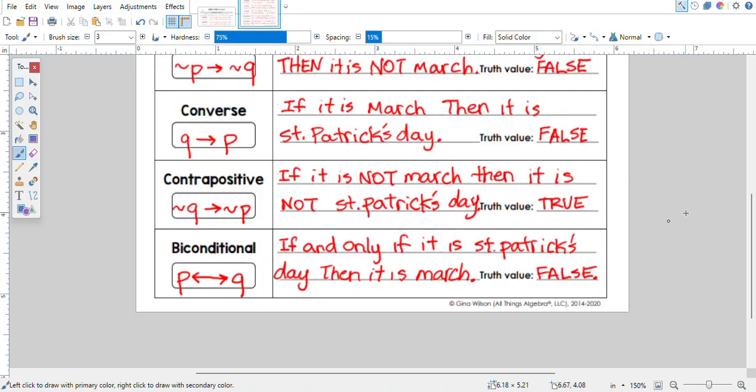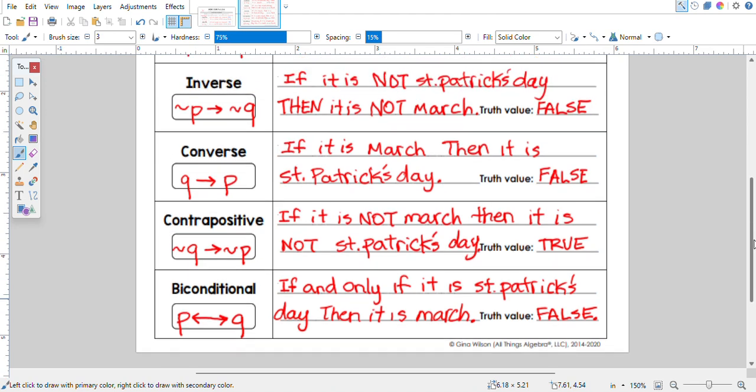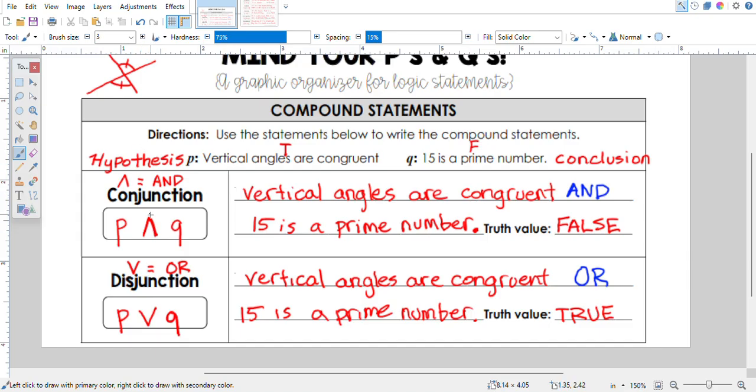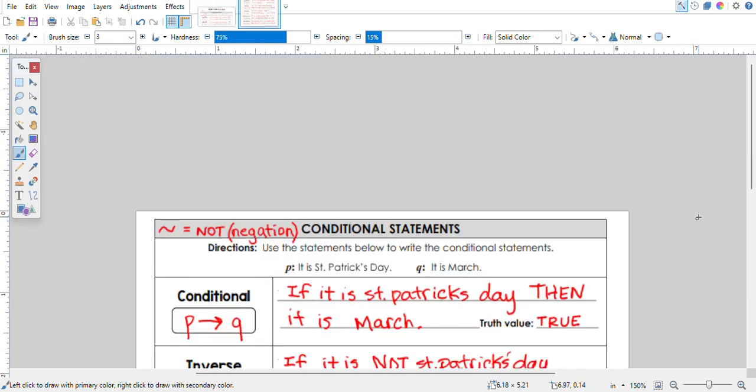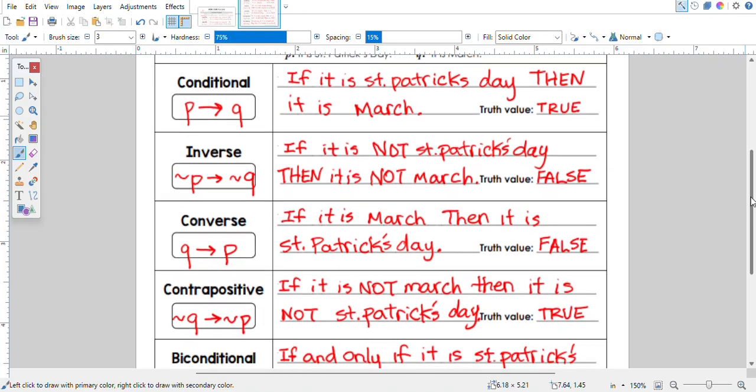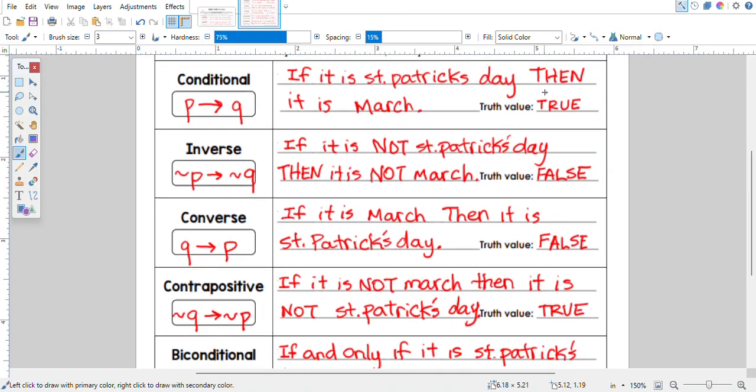Important things to note here, just as a quick recap. Our lovely arrows, if it is pointing up, it is and. That means it is both of them. Arrow down, or, just one of them. It only has to be one of them. This little squiggly line means not. It is a negation, negating whatever is being said. And we think of it in terms of if and then.